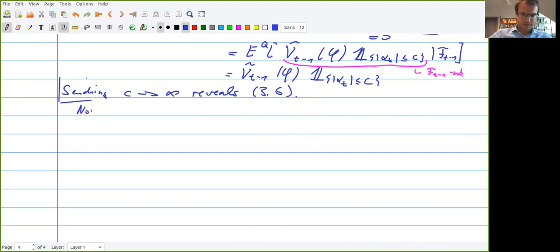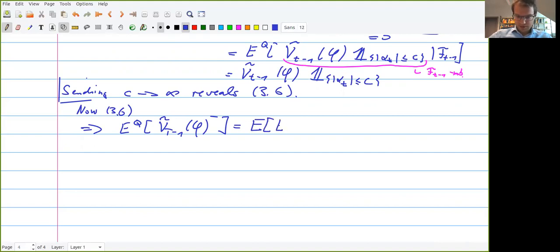Now let's use our claim. If we look at the negative part of the discounted value process at time T minus 1, then this is nothing else.